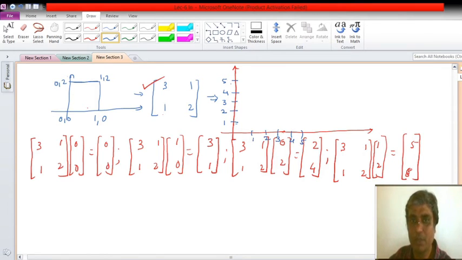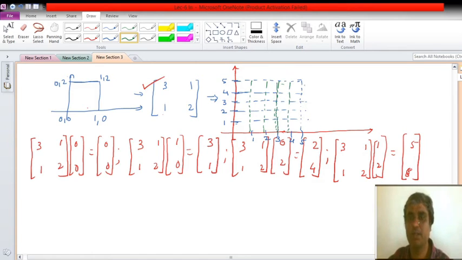Now I will draw some sort of grid. Then I'll draw with the next color 2, 3, 4. Just assume it is straight. Okay. So let us map the points.